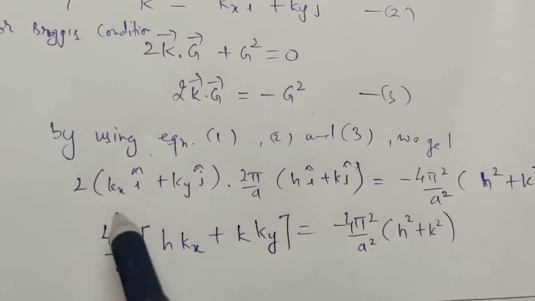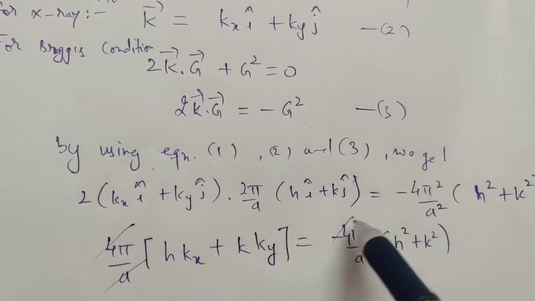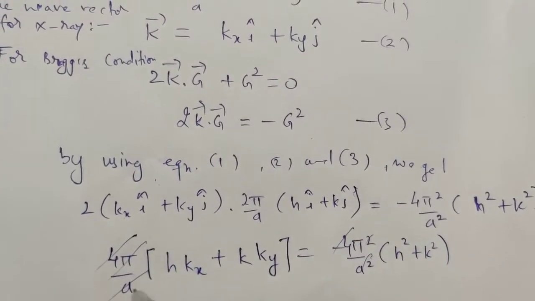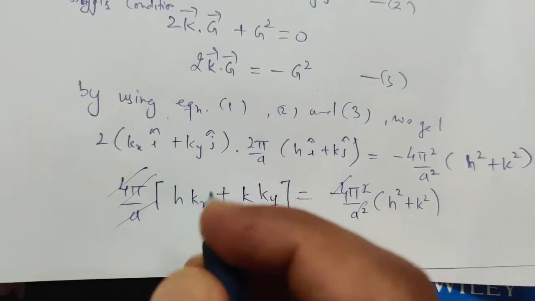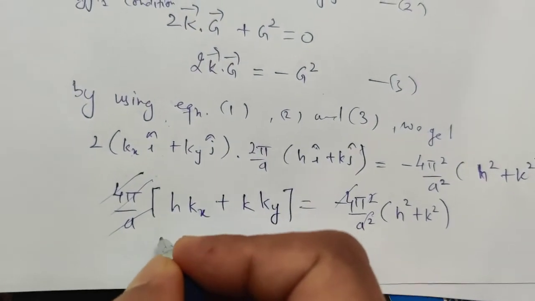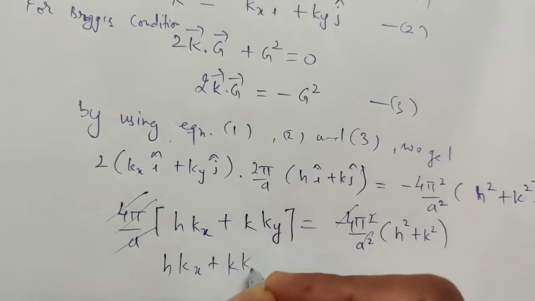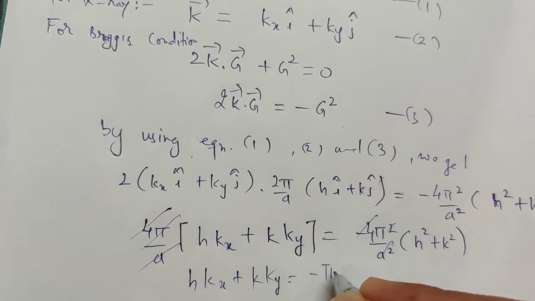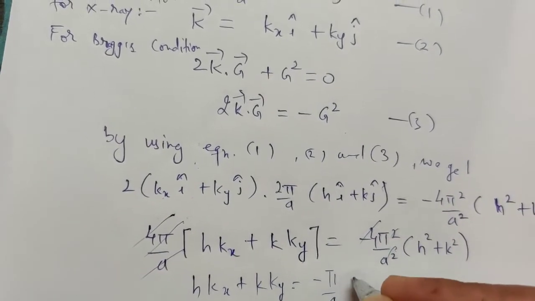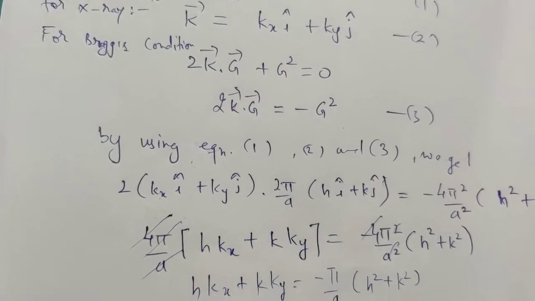Now by solving this equation, 4 will be cancelled, a will be cancelled, and pi will be cancelled. So now the resulting equation will be h kx plus k ky equal to minus pi upon a times h squared plus k squared.